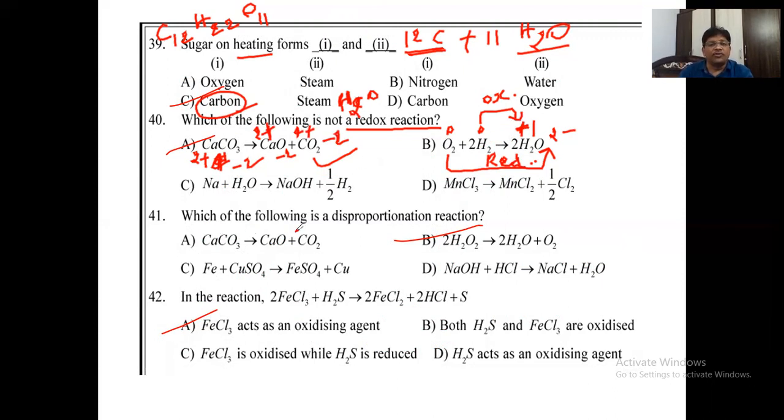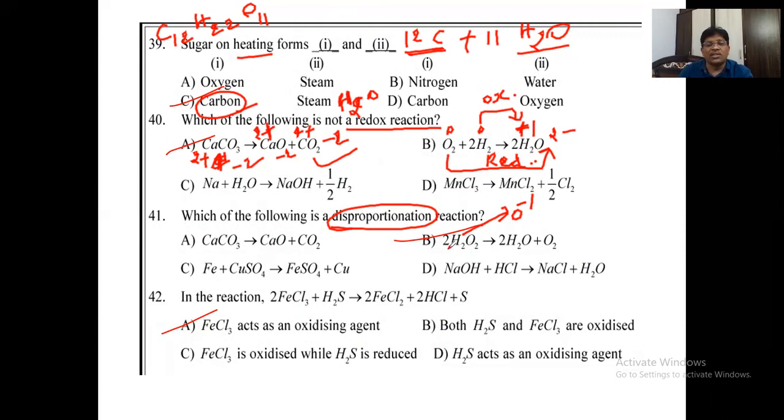Next one. Which of the following is a disproportionation reaction? The difference between a redox reaction and a disproportionation reaction is what you check here. Now in H2O2, hydrogen peroxide, each oxygen has -1. In peroxide, the oxidation state of oxygen is -1.